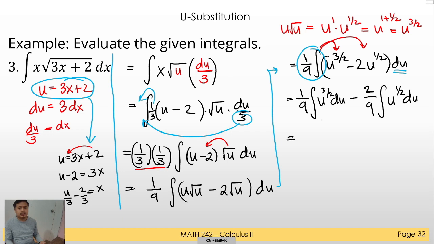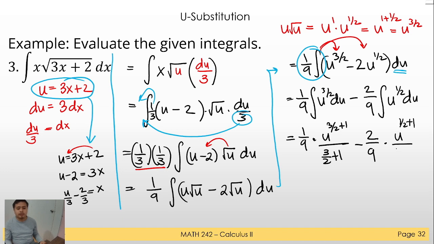Okay, this is equal to, by the general power rule, plus 1. So 1 over 9 times u raised to 3 halves plus 1 over 3 halves plus 1 minus 2 over 9, and then multiplied by u raised to 1 half plus 1 over 1 half plus 1 plus arbitrary constant c.